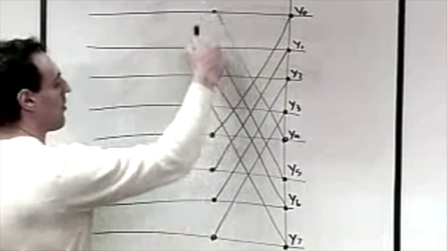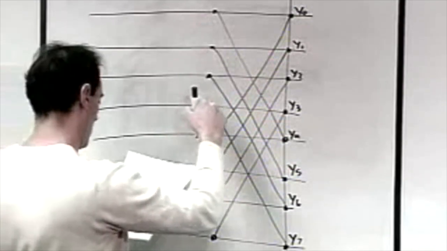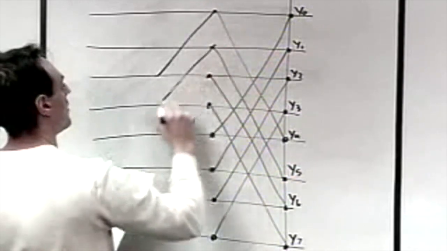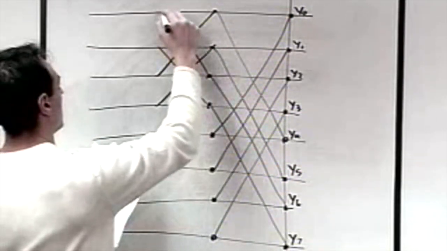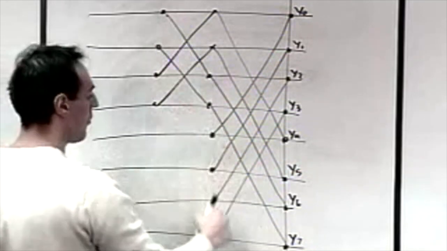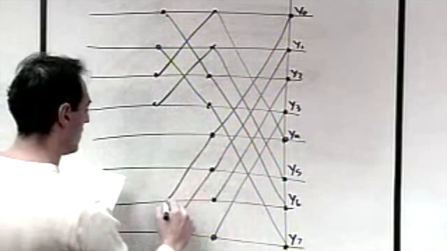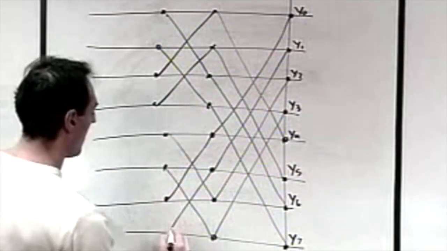Now, this 4 by 4 problem can be broken up into 2 by 2s. So you do the crisscross here. This 4 by 4 can be done the same way. You break it up into two 2 by 2s.